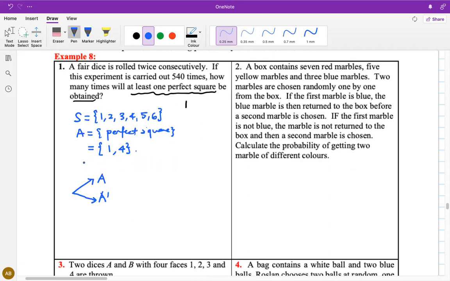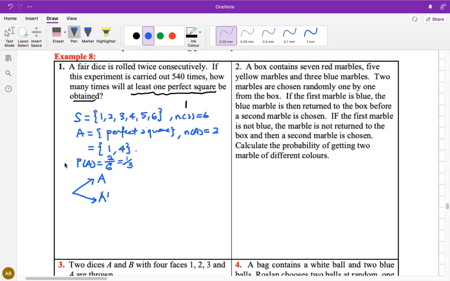The probability of getting an A is 2 over 6, which is 1 over 3.